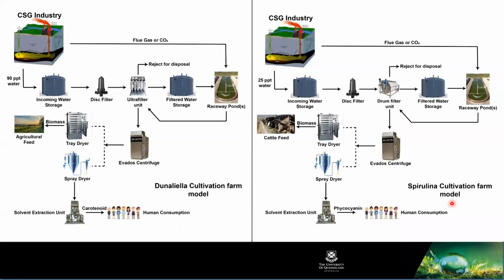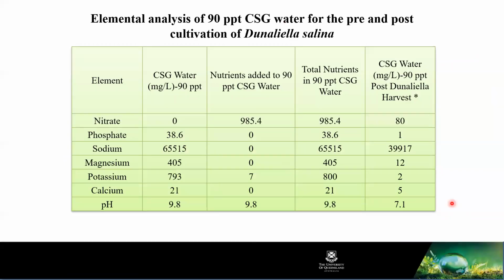This is possible for any effluent, but you need to characterize that effluent before deciding on the process. So this table will give you some glimpses about the CSG water. The first column shows the 90 ppt water which was given to us by the CSG industry.